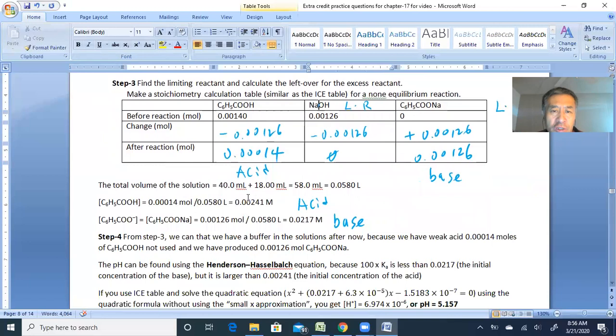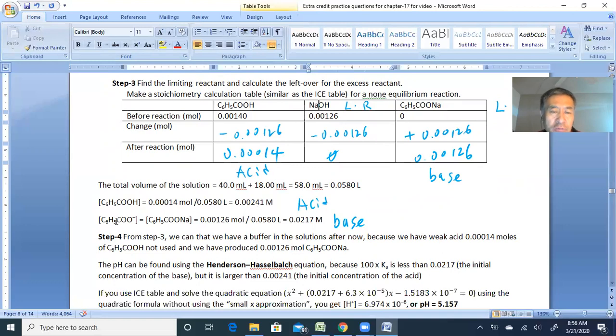So you know the total volume is the volume of the acid plus the volume of the base. Therefore, we have 58 ml, so that becomes 0.0580 liter. The molarity of the leftover weak acid will be the leftover moles divided by the total volume, which equals 0.00241 molar.